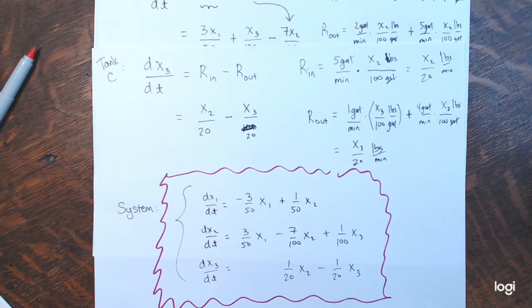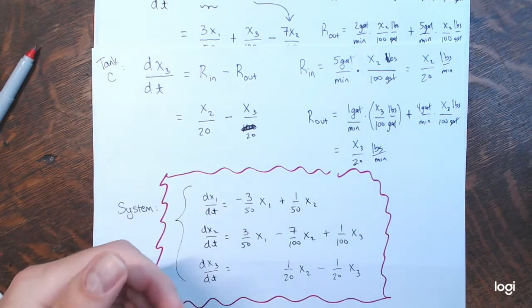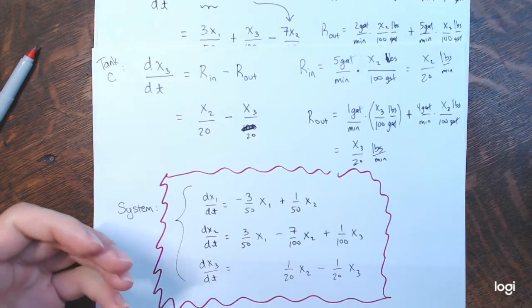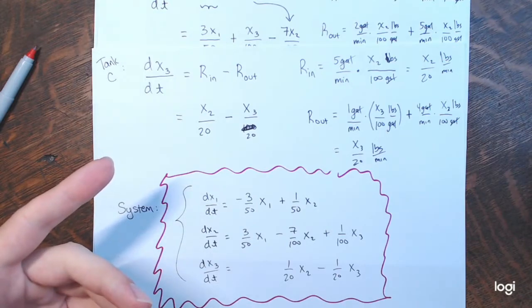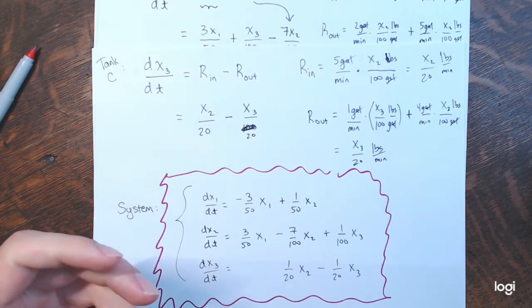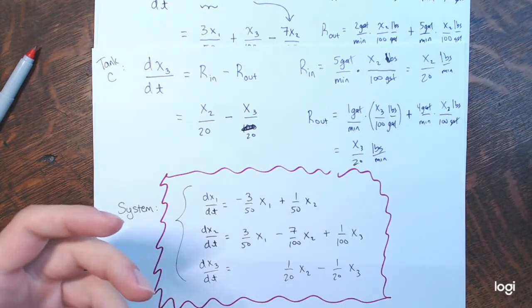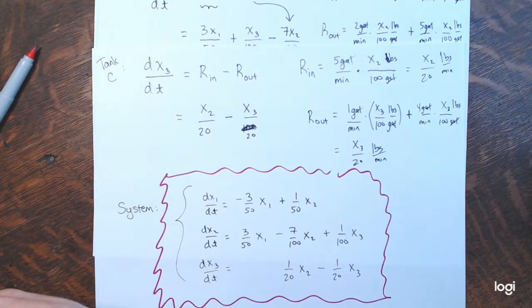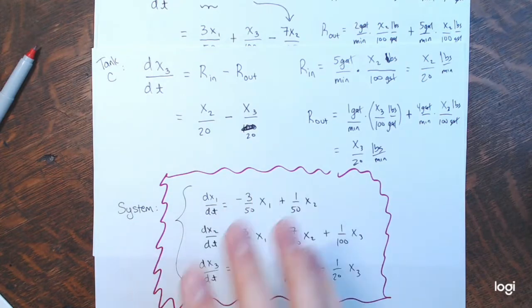If we were to solve such a system, our solution would be a function x1 and a function x2 and a function x3 that give me the amount of salt in tank A, B, and C respectively at any given time. But again, we're not doing that right now, just yet. All right, so hopefully all that made sense.